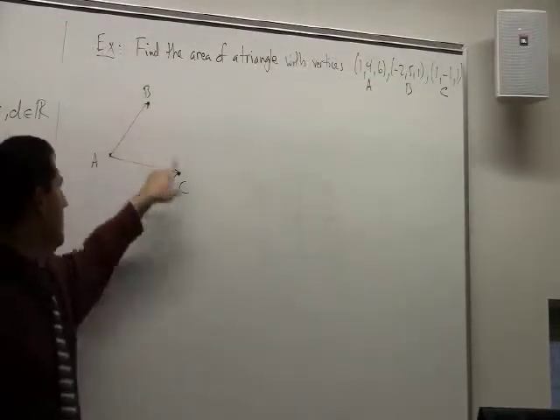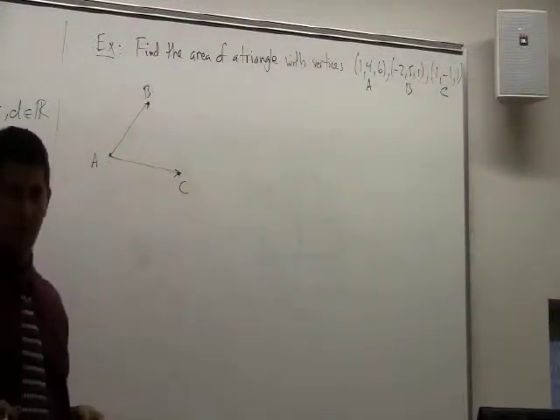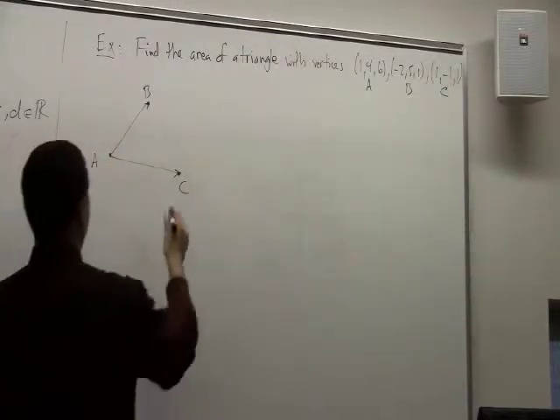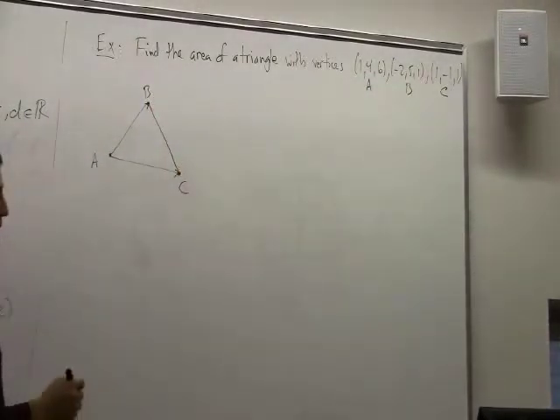So we'll put A there, B there, C there. There are vectors that go from A to B and from A to C. You could complete this diagram, and you get a triangle, and it has a certain area. And the question is, what is the area?